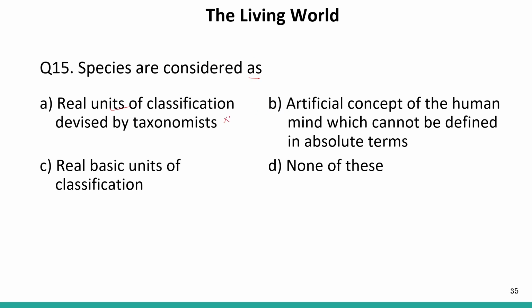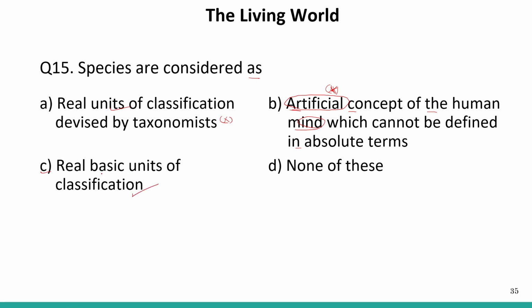Okay, not correct. Option B is an artificial concept of the human mind, which cannot be defined in absolute terms. Again, not correct. Species has been defined several times. It is not an artificial concept. Alright, option C is a real basic unit of classification. So this is correct.